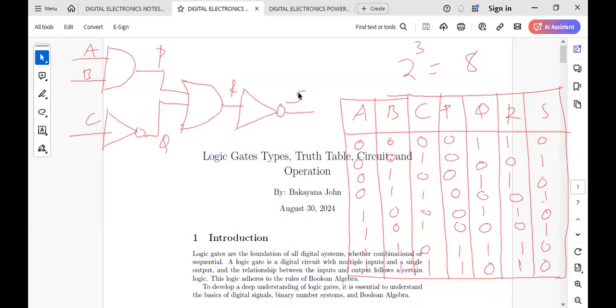Okay. So AB, when we multiplied, we got a 0. P was 0.